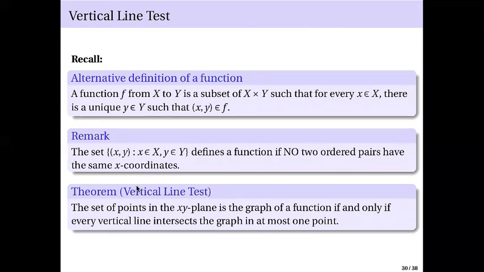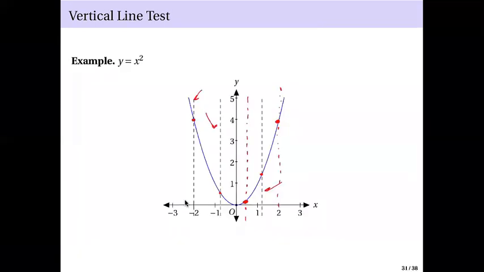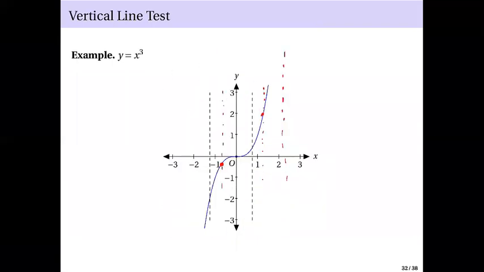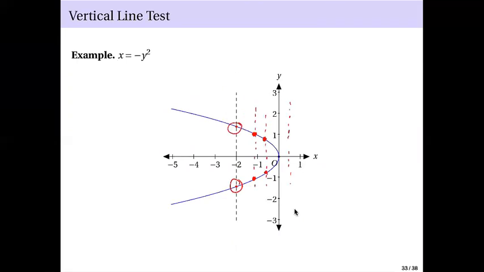It's hard to use if you want to prove that a certain relation is a function, because you need to consider all the vertical lines. So in here, you need to consider all vertical lines, and that's infinitely many of them. Similarly for this, you need to consider all vertical lines, and there's infinitely many of them. On the other hand, for this, you just need one example of a vertical line.